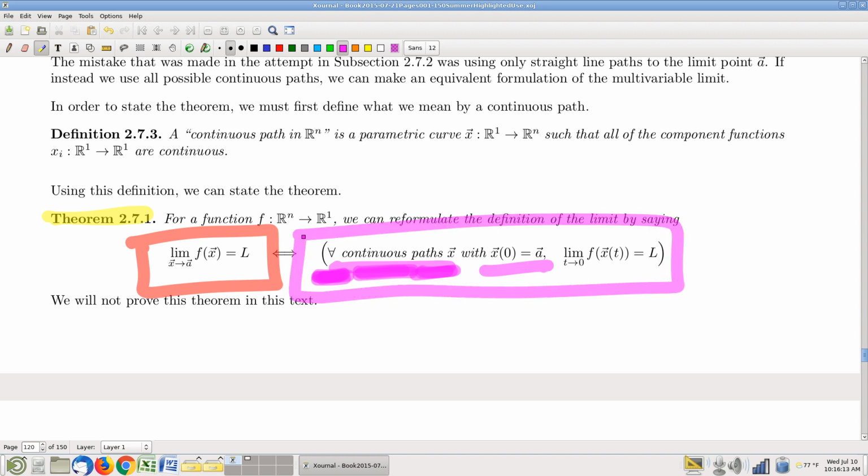You can break down a multivariable limit into a statement about checking paths. But it's got to be all possible paths. And that's the bad news. There are too many possible paths. You can't ever check all of them by brute force. So let's approach the origin here. Well, there are straight lines. There are what you might call parabolic paths.